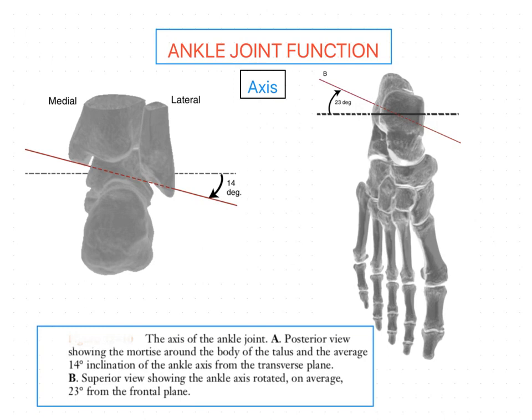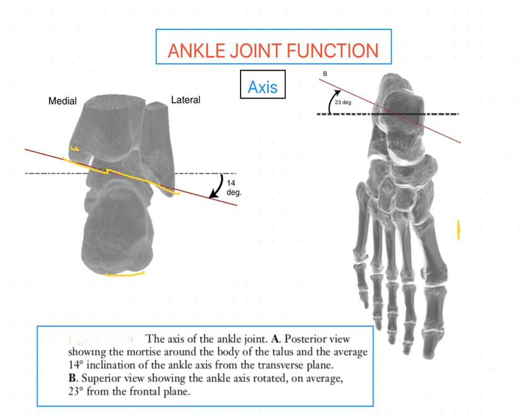So this is the posterior view and this is the superior view of the foot here, and this is the posterior view of the ankle. In a neutral ankle position, the joint axis passes approximately through the fibular malleolus and the body of the talus here, and through or just below the tibial malleolus.